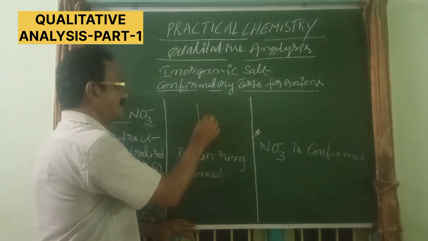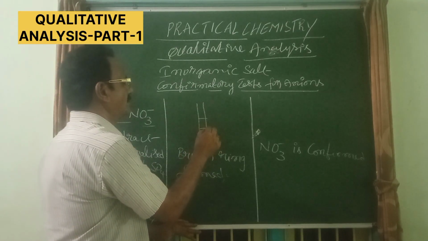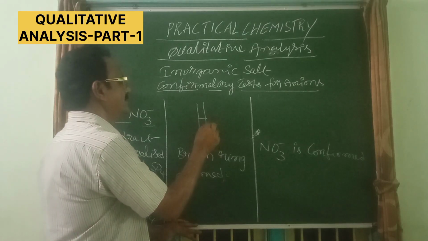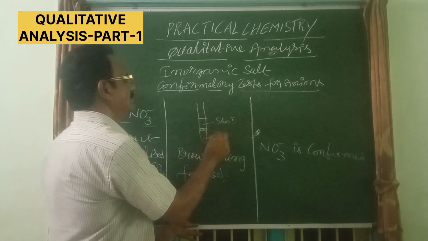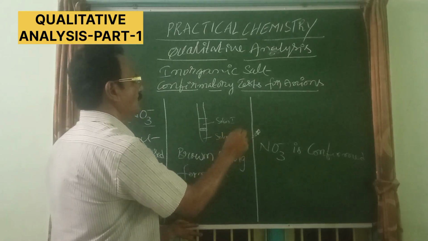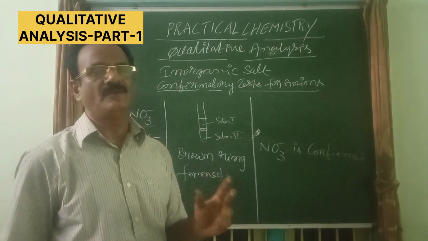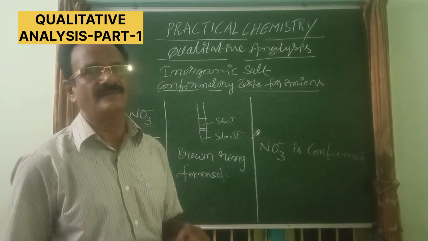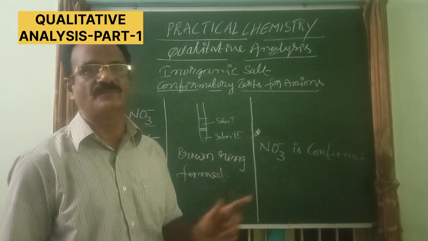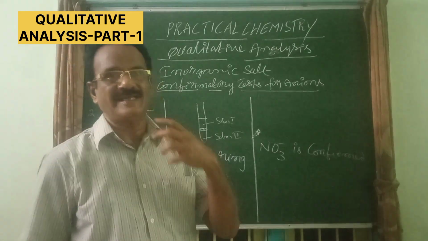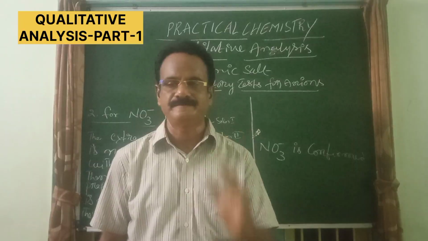Consider this as a test tube. There are two solutions, and the brown ring appears between the two solutions, solution 1 and solution 2. This is the brown ring. When the brown ring is formed, one can confirm the presence of nitrate in the given solution. This test is to be done if NO3 minus was indicated in the identification test.